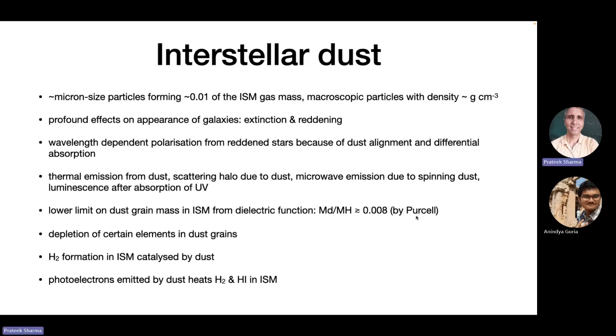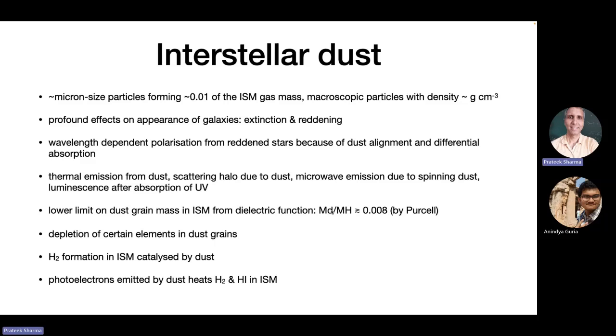There is a very useful and physics-based limit given by Purcell. It is based on basic properties of dielectrics. The absorption properties and the propagation properties of a dielectric are related through something called the Kramers-Kronig relation. I don't know if you have done it, but there is a relation between absorption and propagation of background light for dielectric materials.